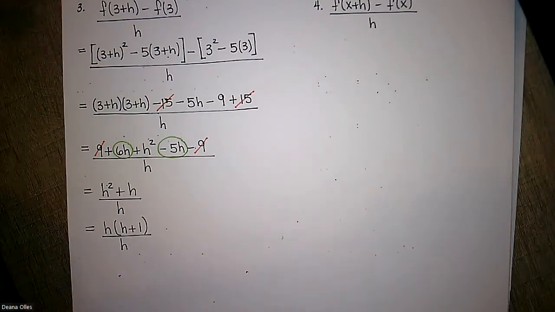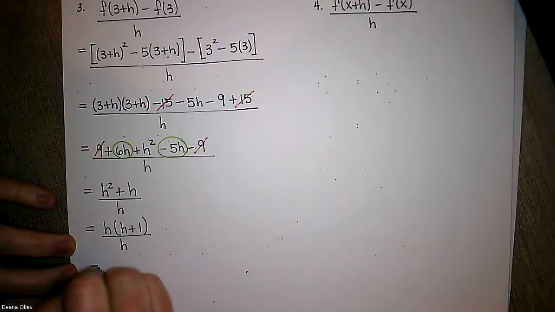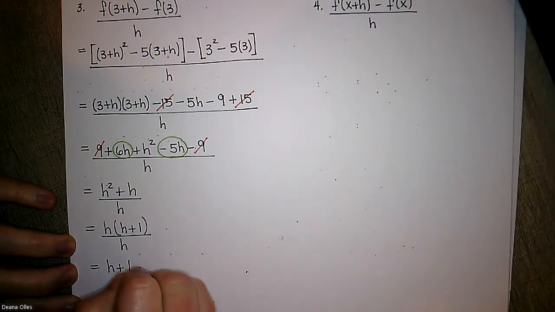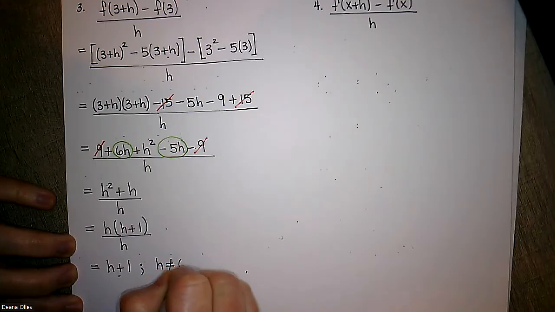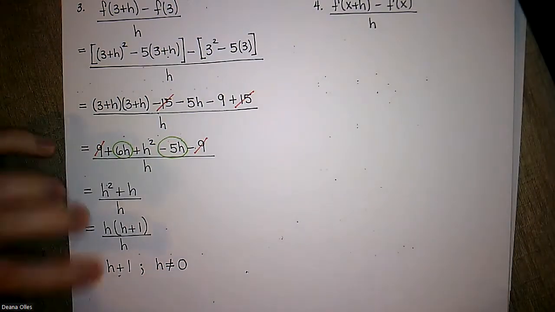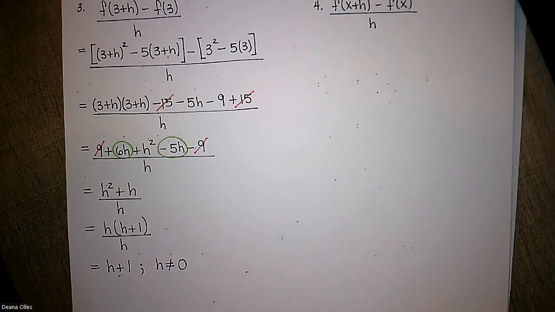And just like the previous example, I can't just cancel the h's unless I say my answer is h plus 1 for h not equal to 0. If h is 0, I have a problem. So I want to make sure that I am stating the values that h cannot be equal to. Okay.